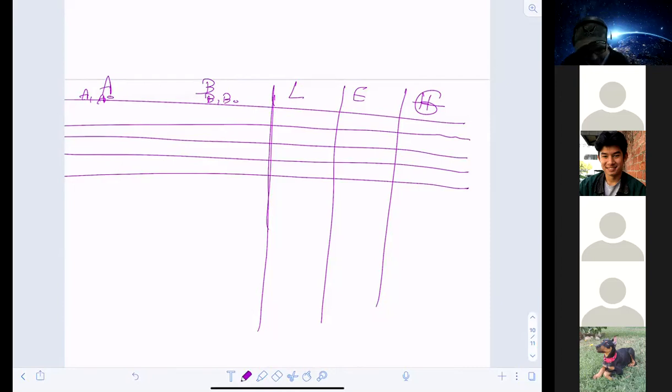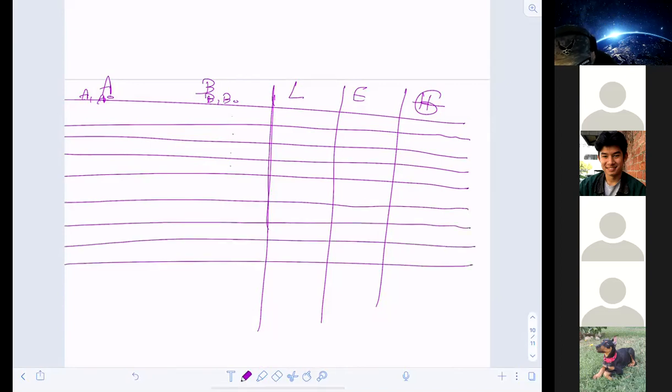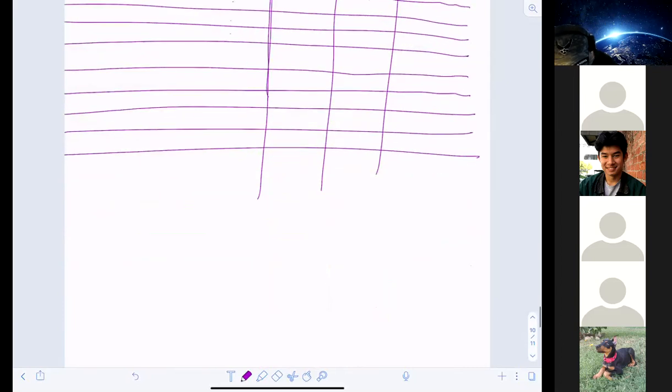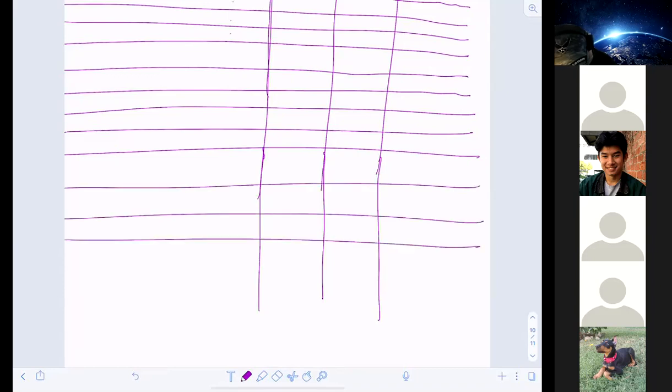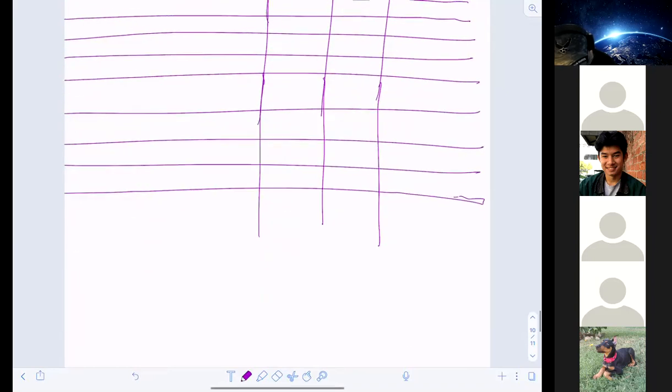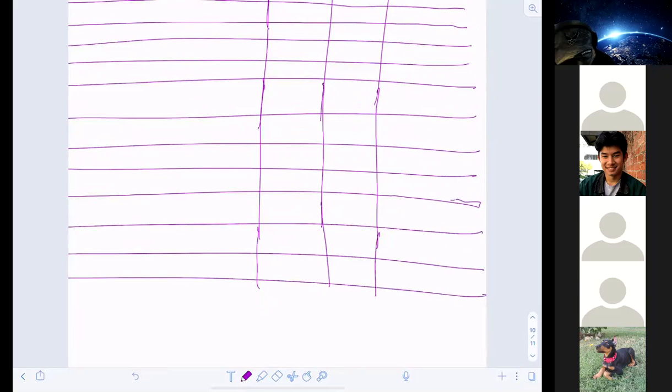That's it. So it's going to be here like 1, 2, 3, 4, 5, 6, 7, 8, 9, 10, 11, 12, 13. Wouldn't you essentially say it just depends on A1?